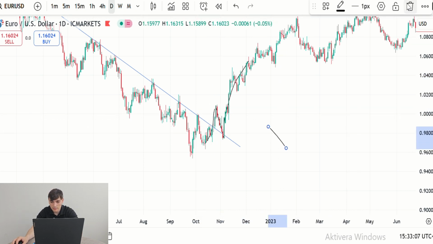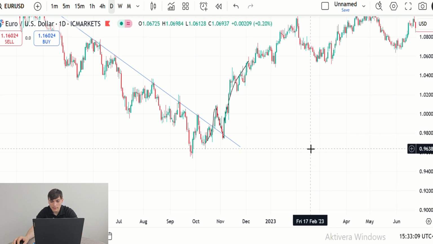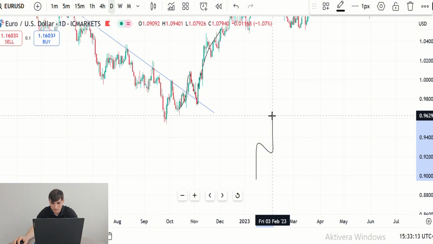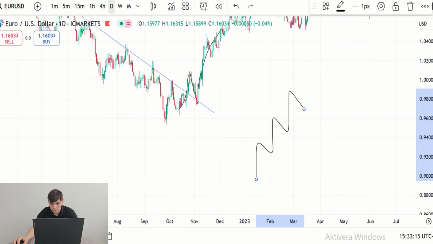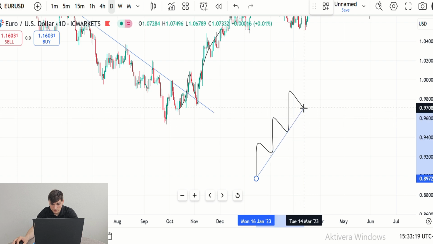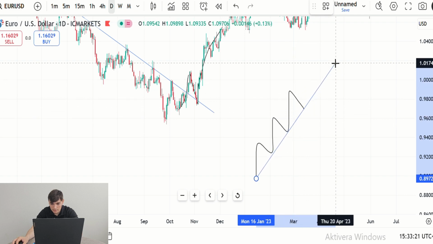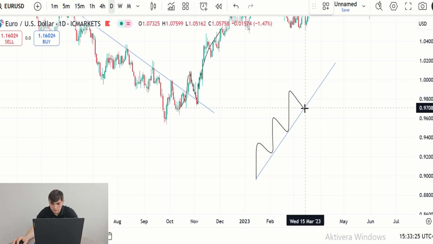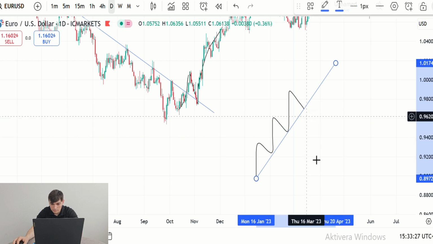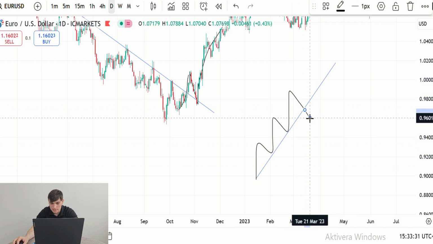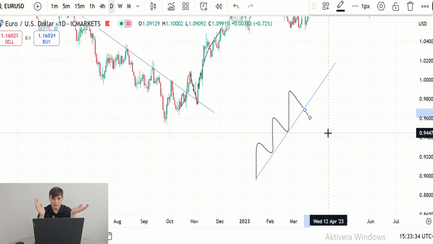And guys, you will always want to wait for a retest, right? If we are in an uptrend, let's say, and we draw a trend line, let's say like this. If the market breaks the trend line like this, don't enter directly, because it can just be a fake out.